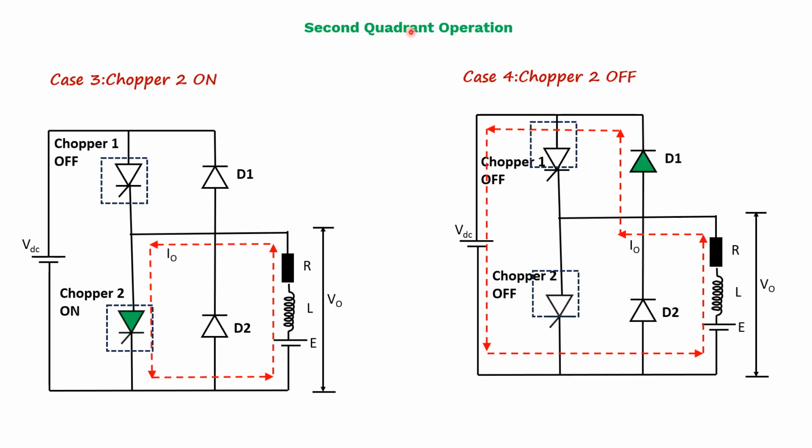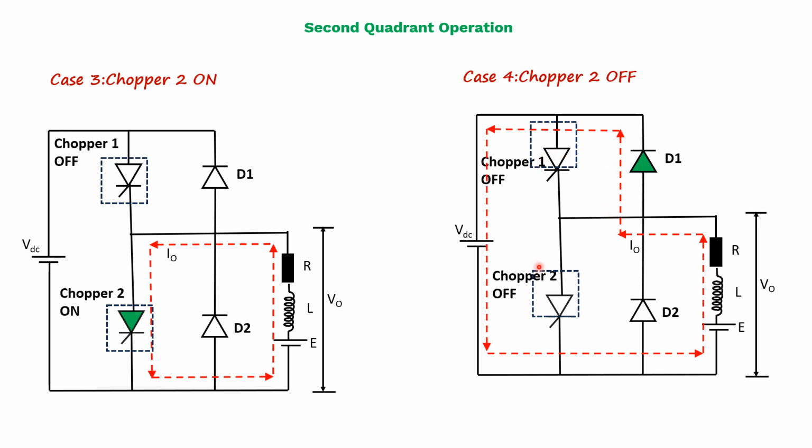In the second quadrant operation, we have two cases: chopper 2 is on and chopper 2 is off. Let us turn on the chopper 2. The EMF in the load makes the current flow backward through the inductor and chopper 2, as shown by the red arrow line. When chopper 2 is off, the energy saved in the inductor is used to force a current in the opposite direction through the diode D1 and back to the source.